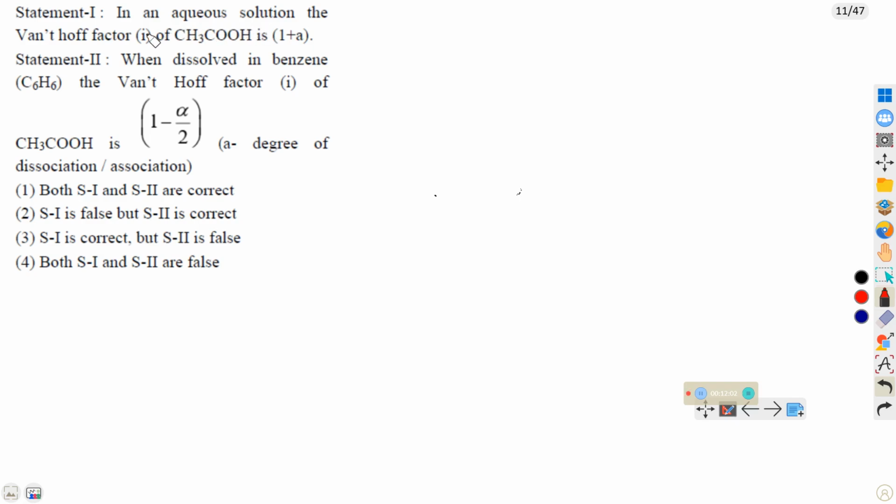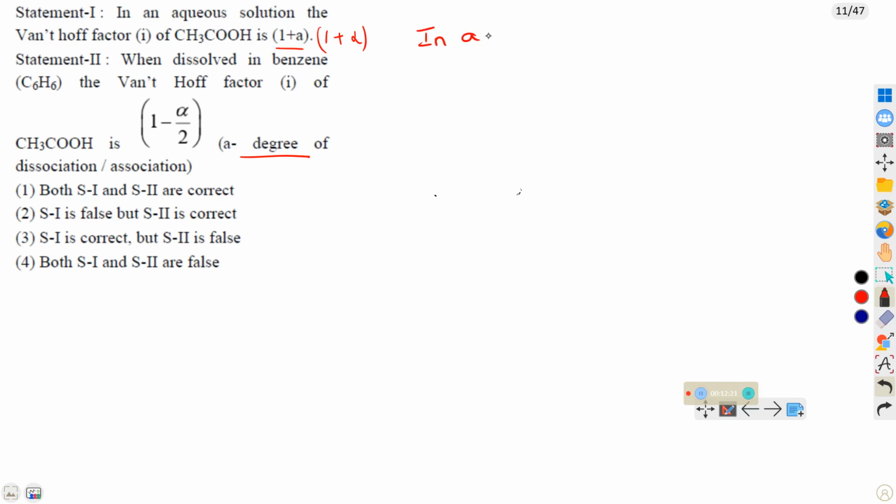Statement 1. In an aqueous solution, the Van 't Hoff factor of CH3COOH is 1 plus alpha, where alpha is the degree of dissociation or association.